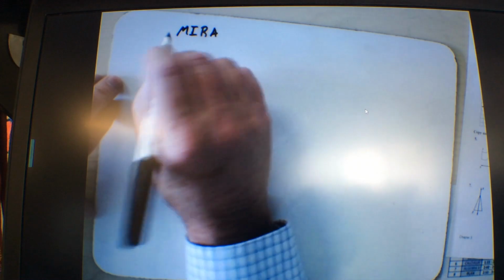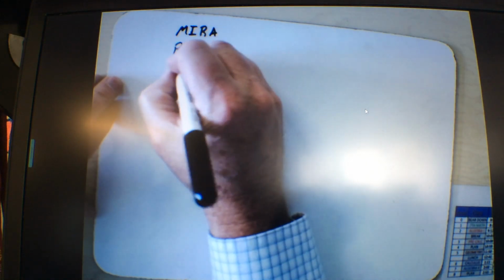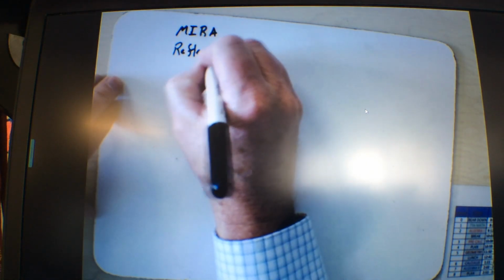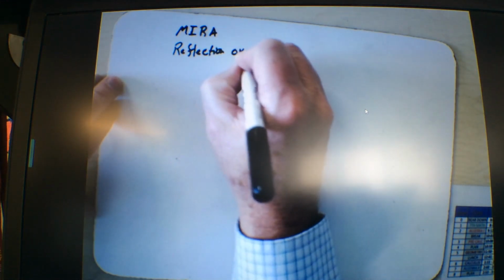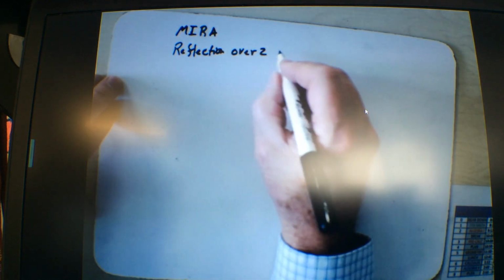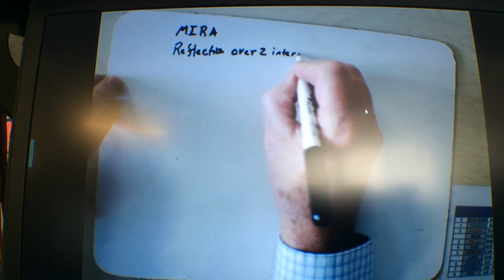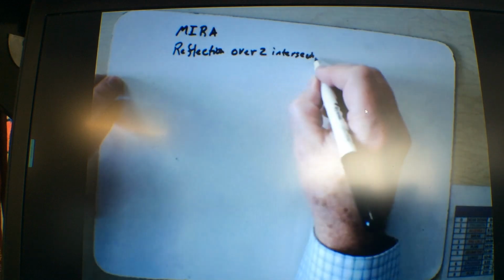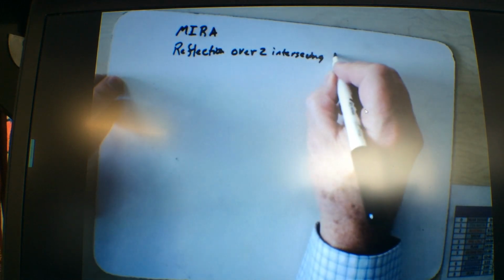Okay, so that was a reflection of what? Over what? 2 parallel lines. But we can also have a reflection over 2 intersecting lines, right? Take a look at the bottom ones.